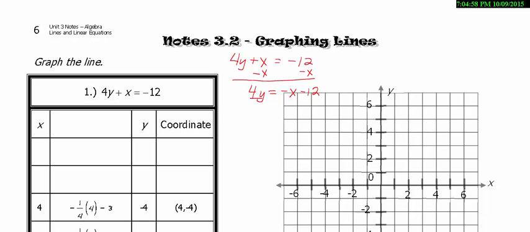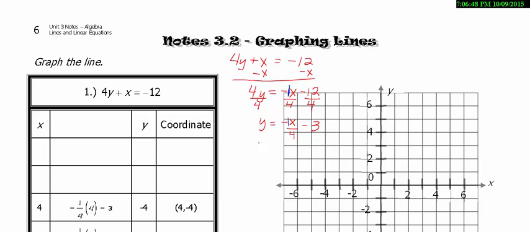And this is 4 times y, so if I divide both sides by 4, everything on the right hand side of the equation will get divided by 4. So what this leaves us with is y equals negative x divided by 4 minus 3, and if you recall, what we have here is negative 1x divided by 4.